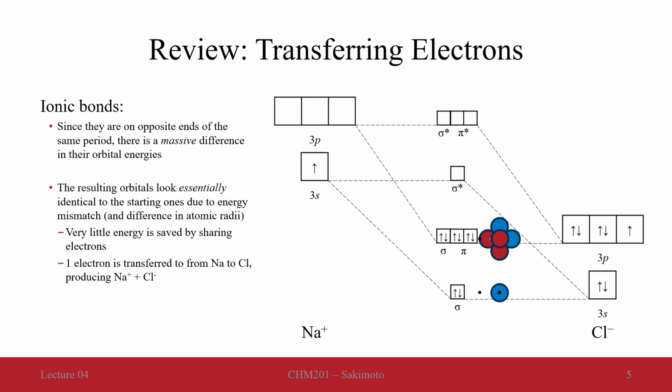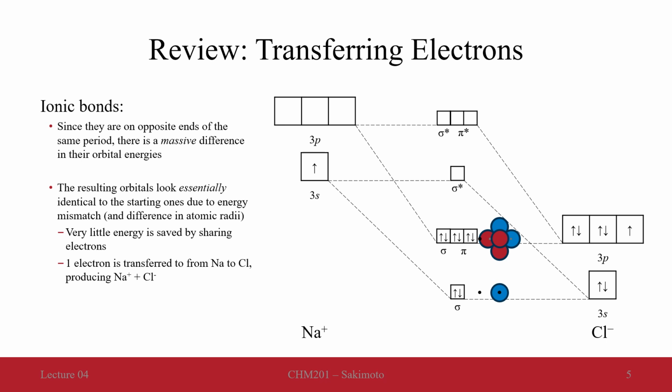No energy is saved, no stability is gained by sharing electrons between them. And typically what tends to happen is that the only way we can save energy is if this sodium 3s electron is transferred over to these primarily chlorine type orbitals, effectively not sharing but transferring one whole electron from sodium to chlorine.